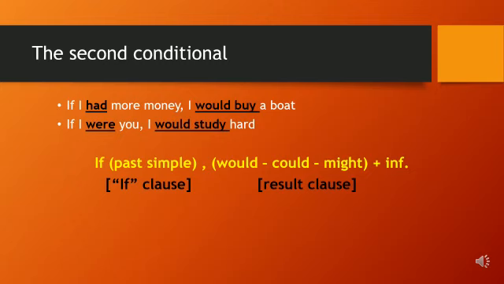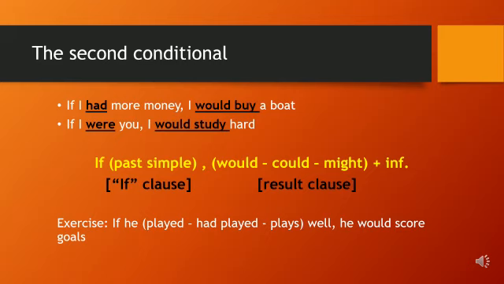Now let's do an exercise to see if we understood the lesson. Choose: if he played, if he had played, if he plays well, he would score goals. Look at the result clause, which is would score. So it is the second conditional.